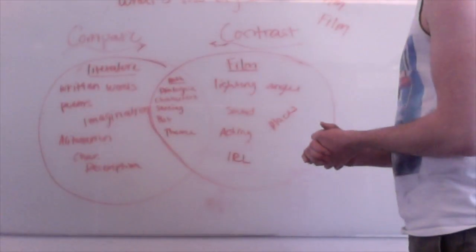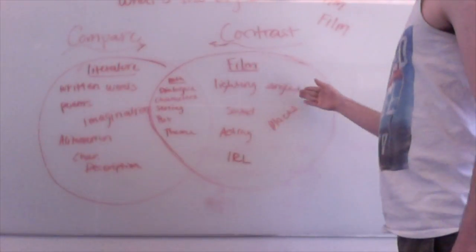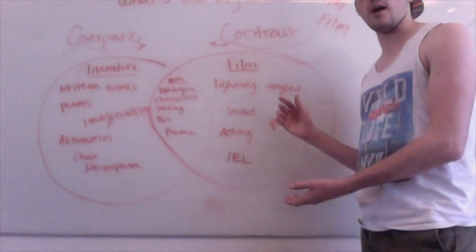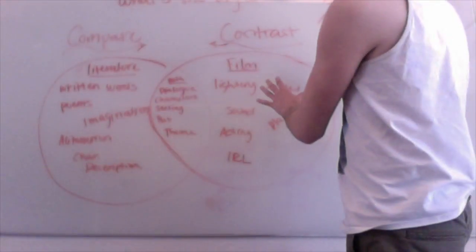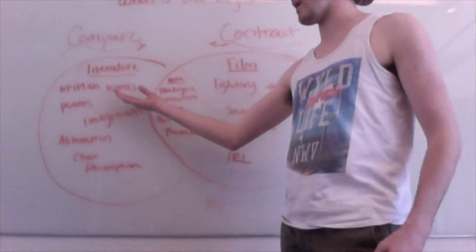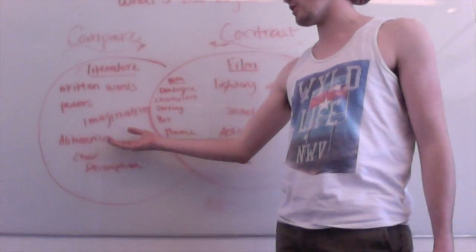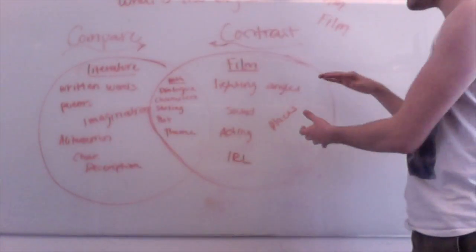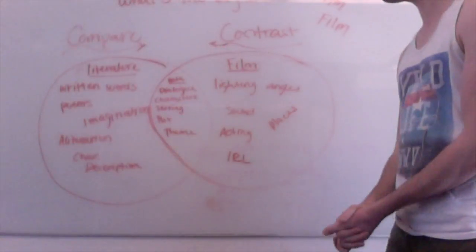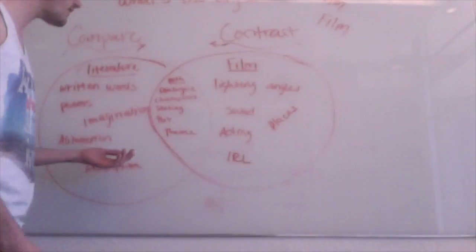So the reason we look at the lighting and the angles and the sound and the places and all of this stuff is because this stuff is our written words, our poems, our imagination, our alliteration, but it's just coming into a film aspect.